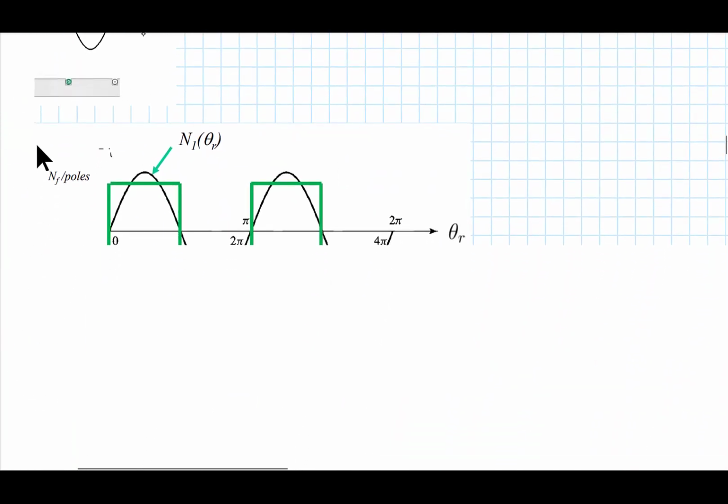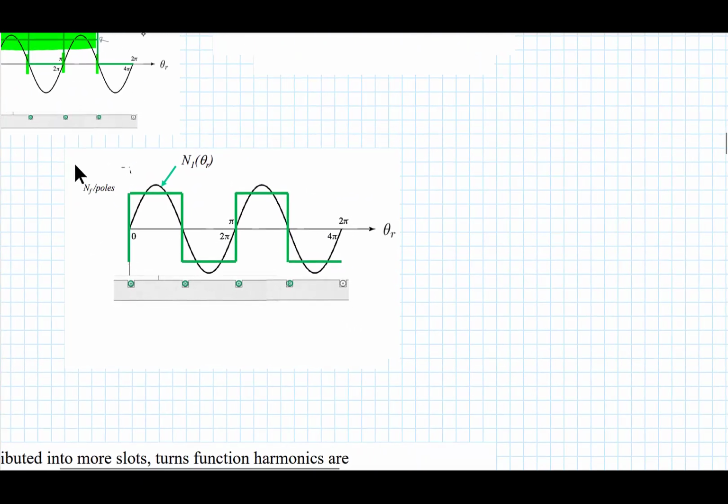Now let's go back to this turns function, and we're going to write a turns function in the same way, and it's going to be a function of a mechanical angle of the rotor right here. I'm really only interested in the sinusoidal fundamental, which is the first harmonic of this square wave.